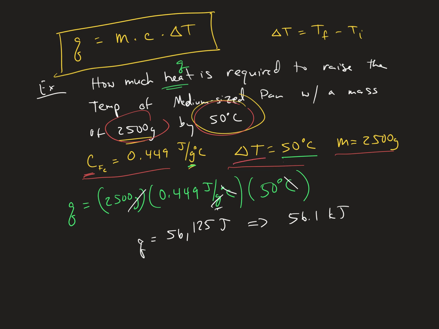Change of temperature is 50 degrees Celsius and mass is 2,500 grams. Then you find the equation, and we're looking for heat. We got to know what we know, and what we're looking for. Then you ask, is there an equation with all of those items in it? If there is, it makes your life easy. If there's not, you might have to find something else first, right?